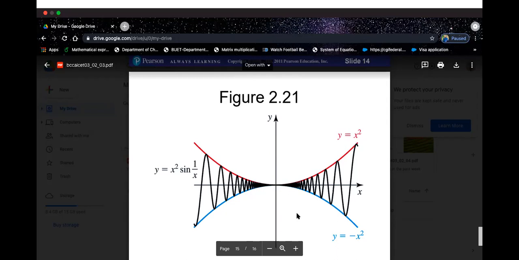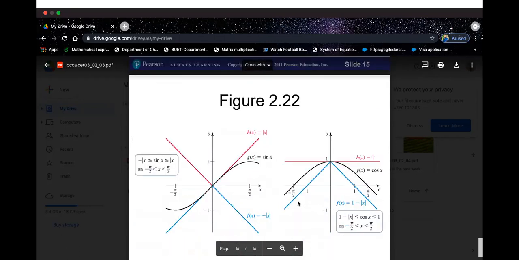So we say that this function is squeezed between the functions x squared and negative x squared. So the first part is done. The next job is to find the limit of these two functions and see if they match or not.